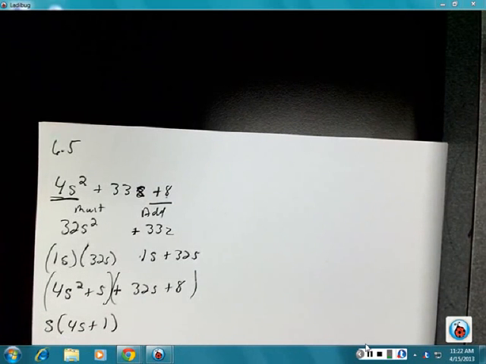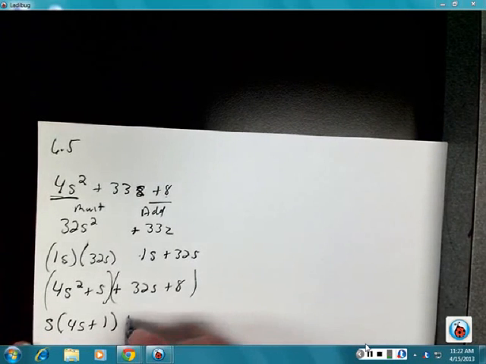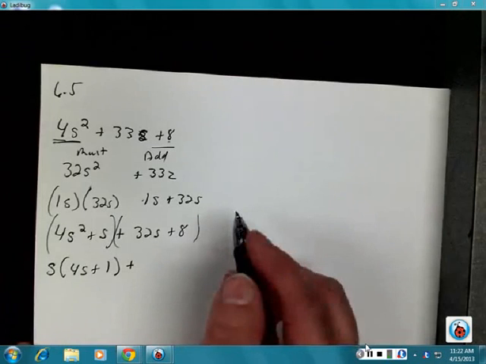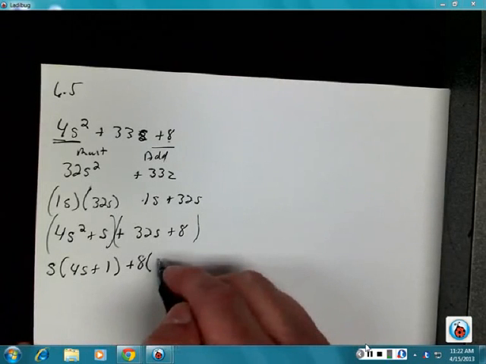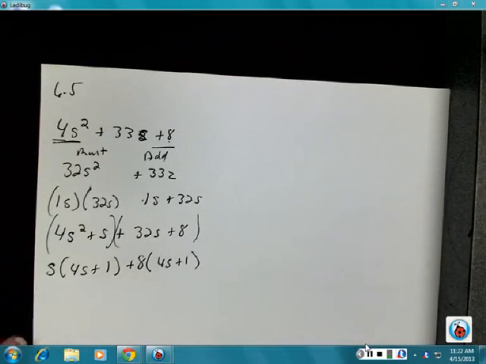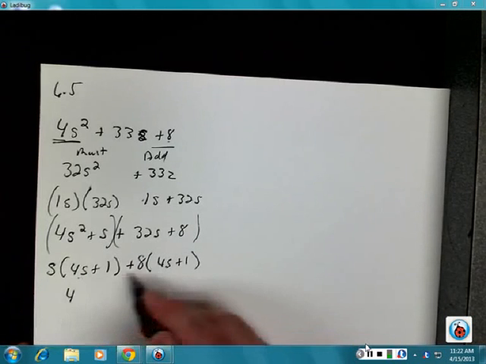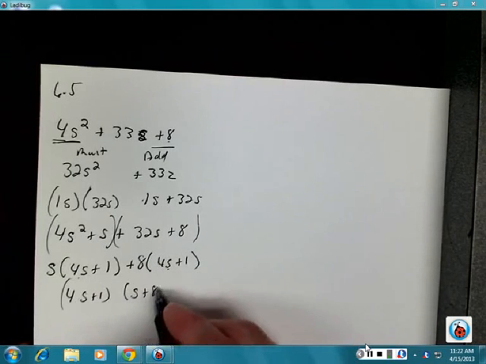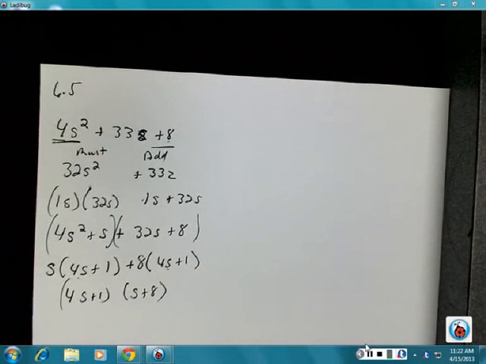And what can I pull out of the second one? An 8, yes. Gives me 4s plus 1. And so I factored it right because these two match. So it's 4s plus 1 and then s plus 8. Perfect. So that's what happens to that one.